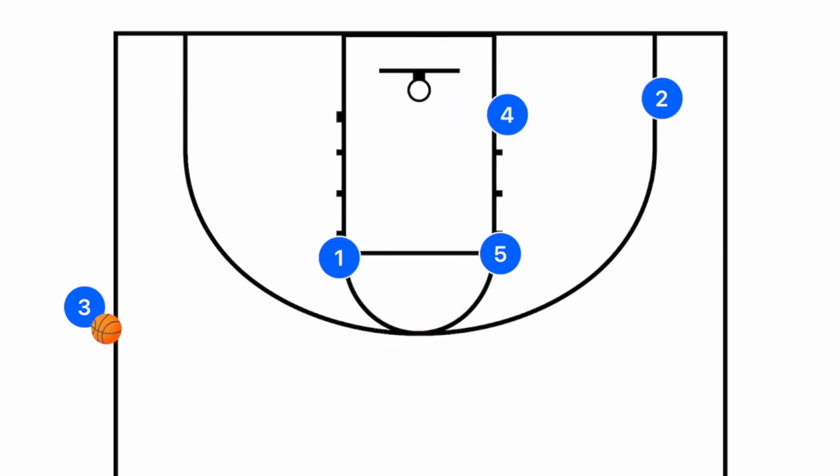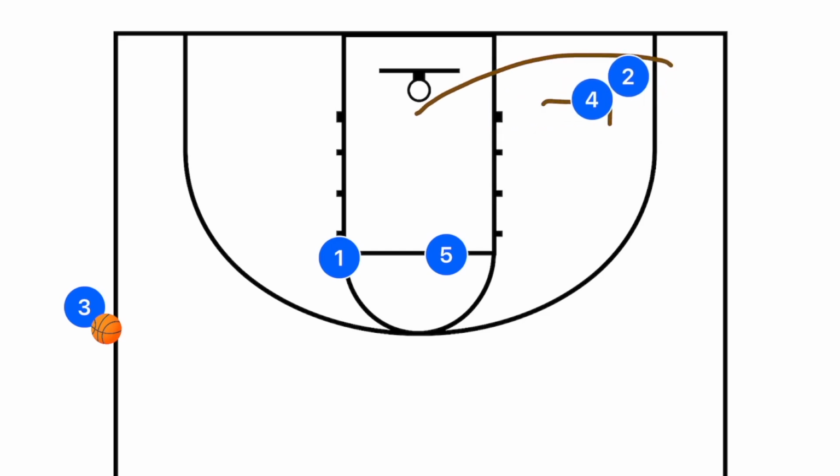Now, a lot of teams are starting to run different elevator style screens and things like that along sidelines and baselines. And I understand why, but now there's a lot of teams that just know how to defend it extremely well. So first, we're going to start by having a screen off for player 2. Player 2 is going to use that screen, and by the time he gets to this point, he needs to make a decision.